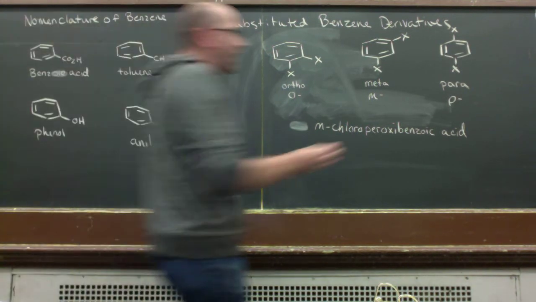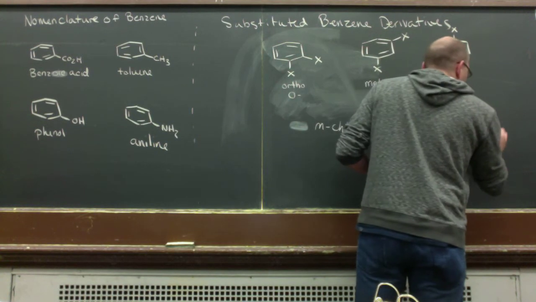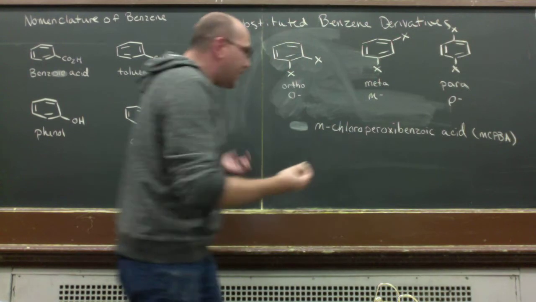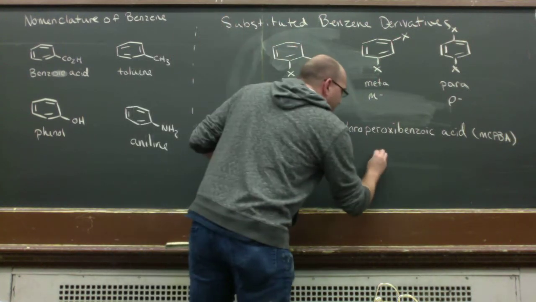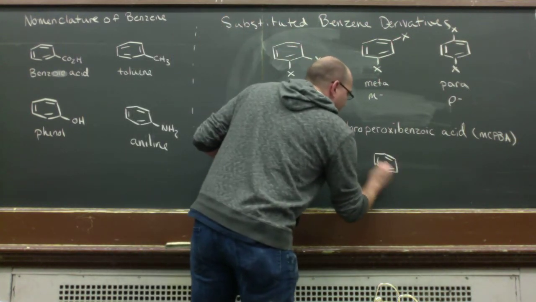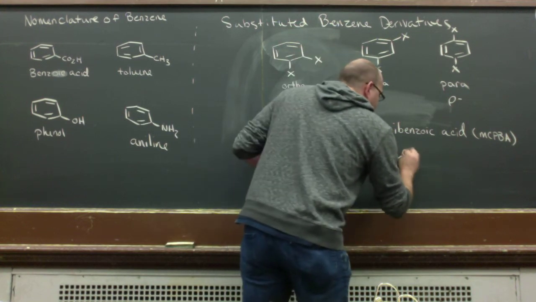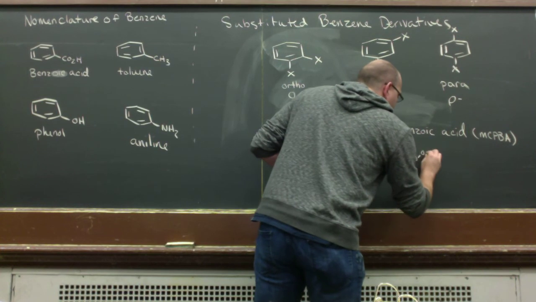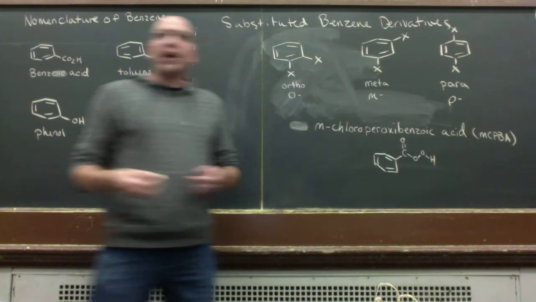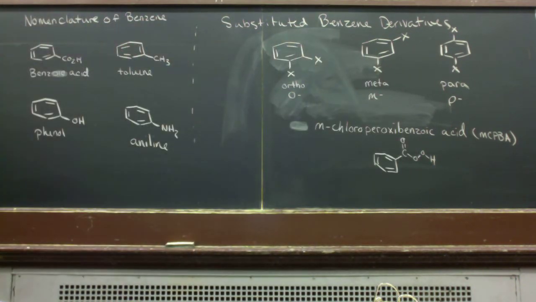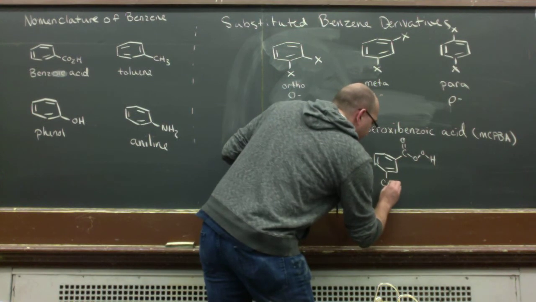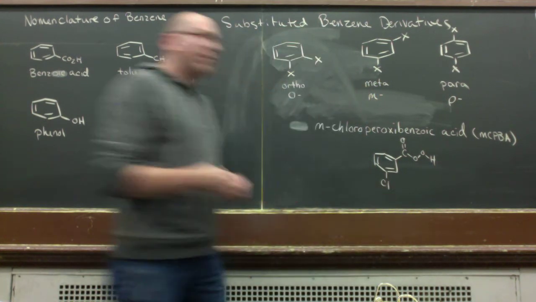This is mCPBA. What it is, is peroxybenzoic acid, so that's a peroxybenzoic acid. And then there's going to be a chloro on here, and the chloro is going to be at the meta position. And so meta-chloroperoxybenzoic acid is going to be that structure there.